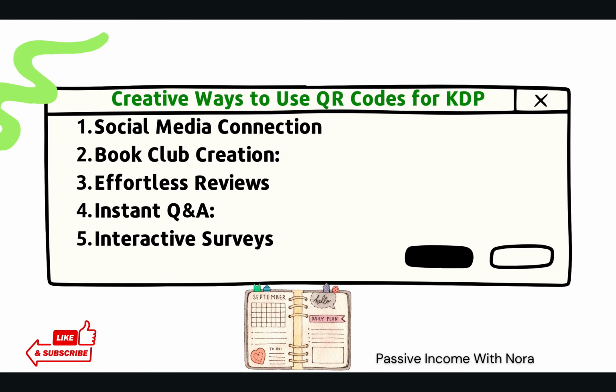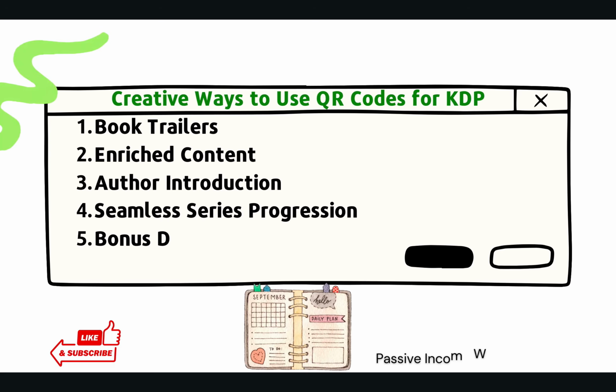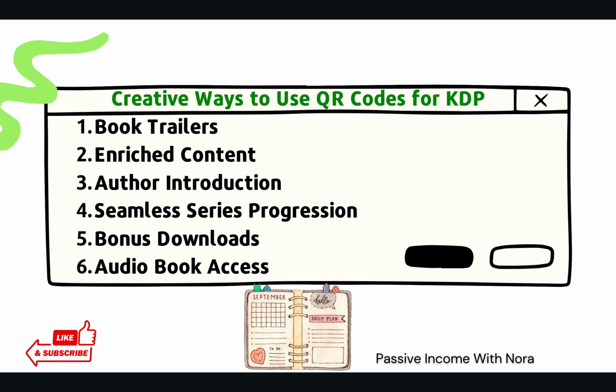The fifth way is through interactive surveys. You can gain insights into your readers' preferences and interests by creating surveys. In order to create surveys, my favorite free method is to use Google Forms, and then you can share them through the QR codes. The sixth way is through book trailers.